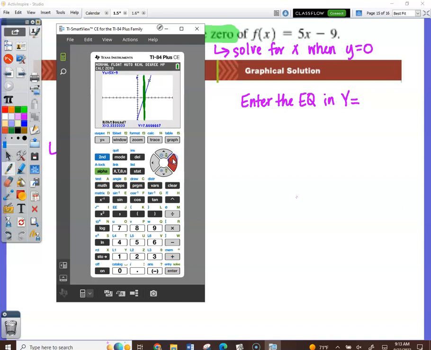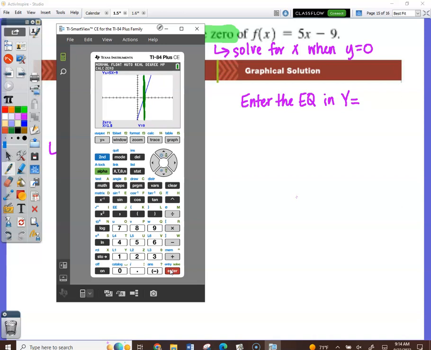If you visualize that vertical line, it can help you compartmentalize your left and your right on that graph. You will notice these little brackets pop up where you're telling the calculator, hey, narrow your focus right here. And then they want you to put it right on the 0. And you get 1.8, which is exactly what 9 divided by 5 is.